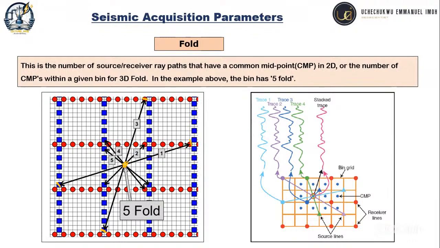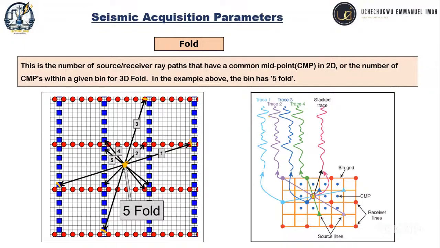So if you have 5 receivers imaging this particular common midpoint, it means that the data is 5-fold data. So this is also what this other cartoon on the right is trying to illustrate, that the center of this bin is a CMP to 5 different receivers and 5 different shots.